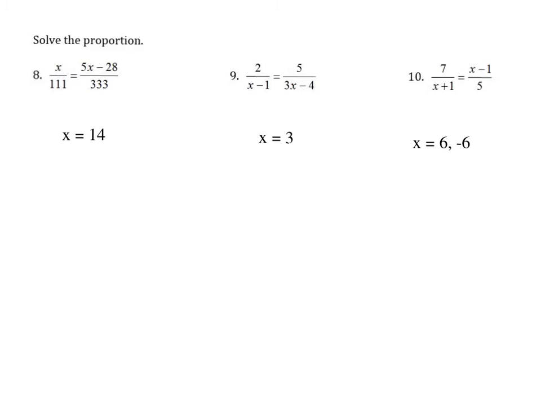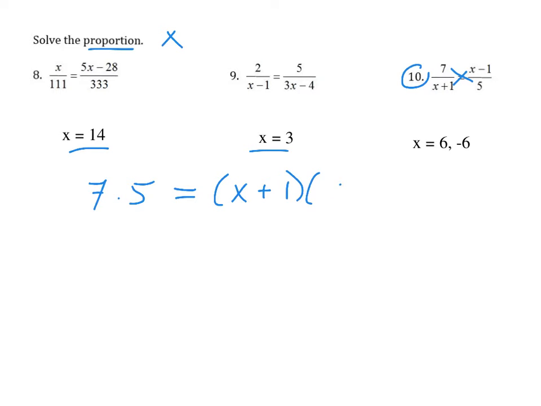So for these next couple problems, you have to solve the proportion. You're essentially just solving for x. So I put up solutions for 8 and 9, and I'm actually just going to jump to number 10. All right, now when you cross multiply, obviously you're going to have 7 times 5 on the one side. But on the other side, you're going to have x plus 1 times x minus 1.